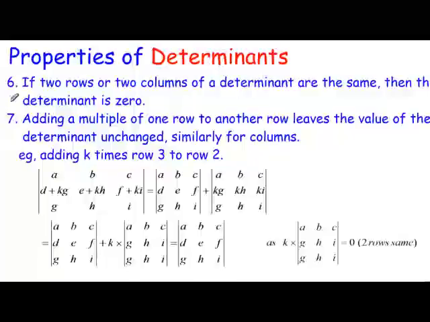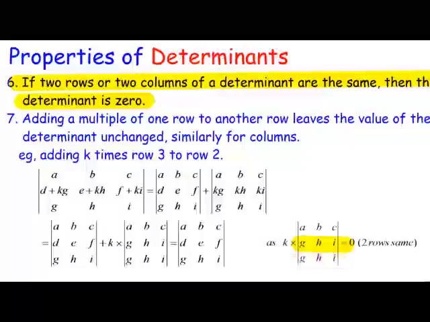So the last two. Now this is quite important, this one. If two rows or two columns of a determinant are the same, then the determinant's value is 0. That's very important, and we use that down here, actually, and we'll use that in the next property.